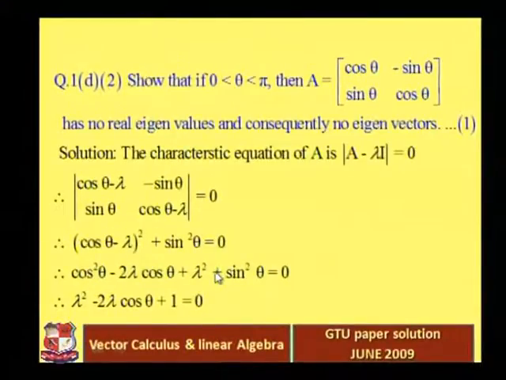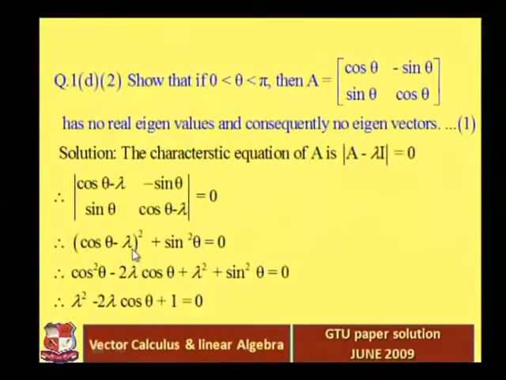So the characteristic equation of A is the determinant of A minus lambda I equal to 0. First of all, solve this equation. Put the value of A, and for minus lambda I, only in the main diagonal entries we have to add minus lambda. So the determinant of [cos theta minus lambda, minus sin theta; sin theta, cos theta minus lambda] is equal to 0.